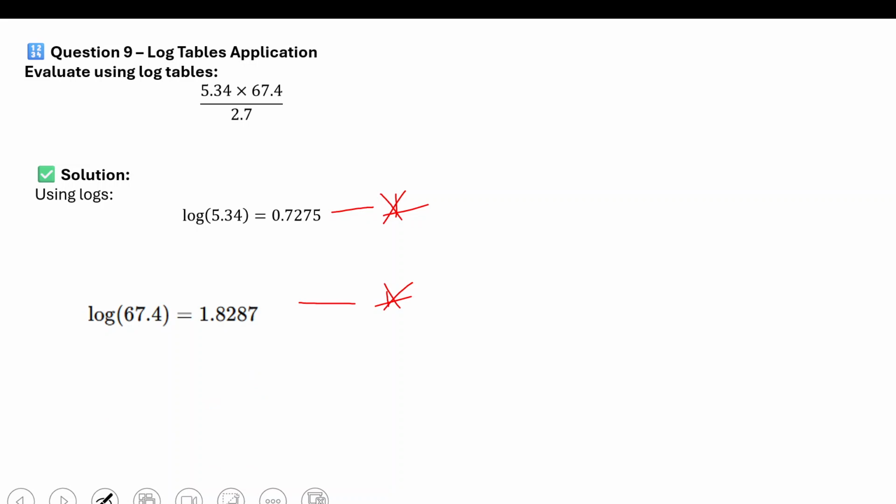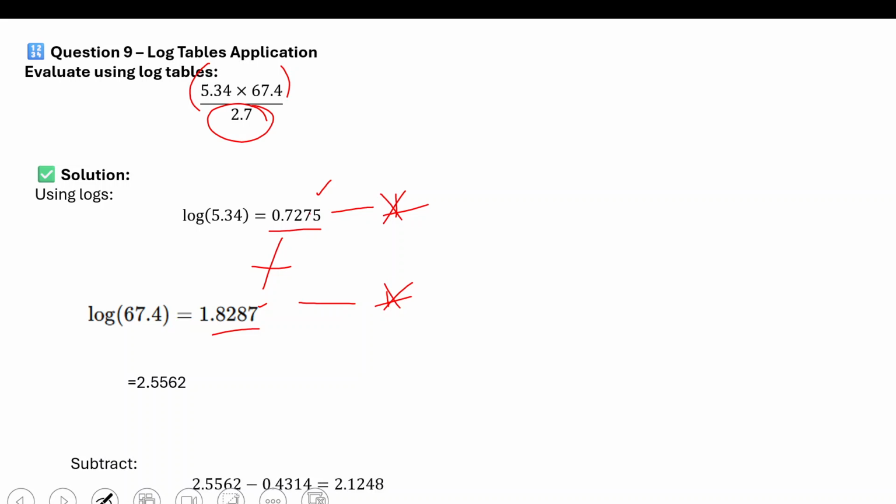When you have multiplication upstairs here, the logs are going to add. So I'm going to add this plus this, right? When I add it, I'm going to get 2.5562. Recall that I'm still going to get the log of the denominator, 2.7.